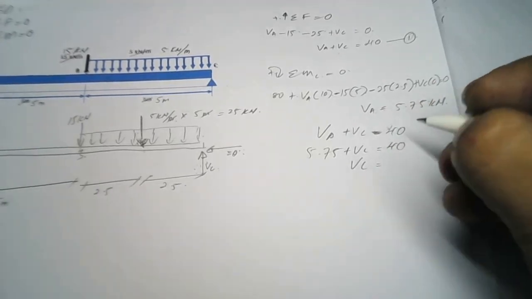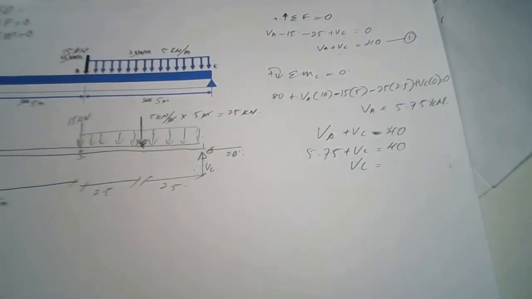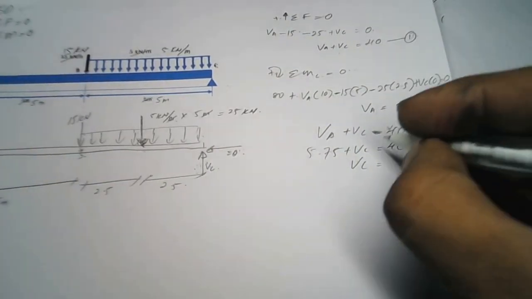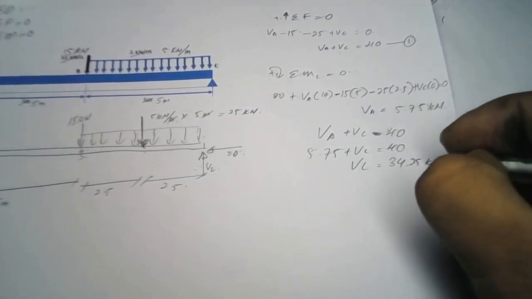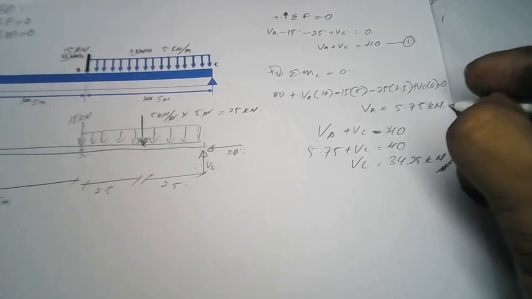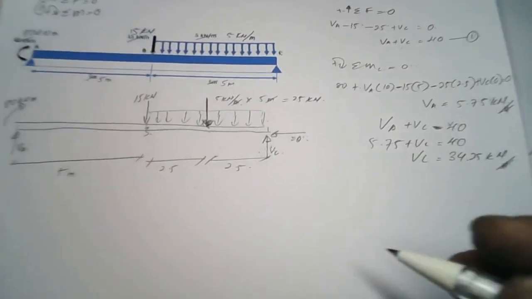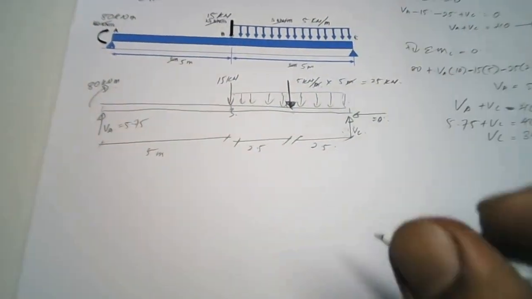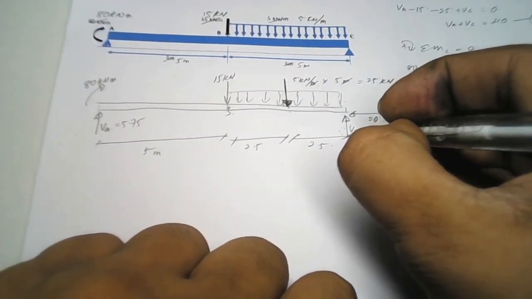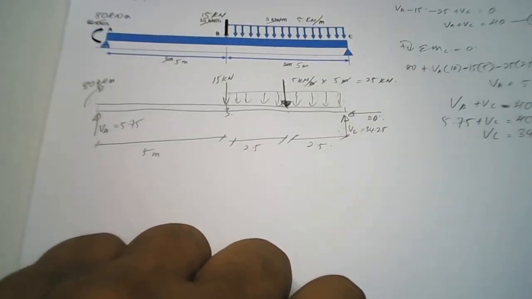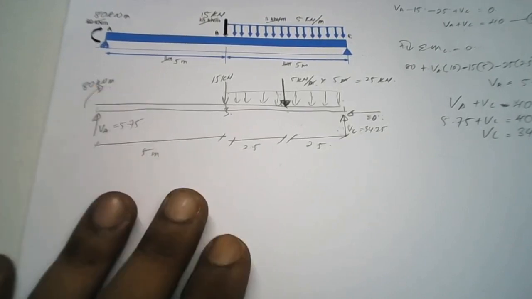So the value of VC is 34.25 kilonewton. All right, so our VA value is 5.75, and our VC is 34.25. Okay, so our FBD is now complete.